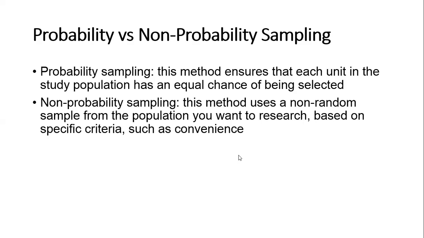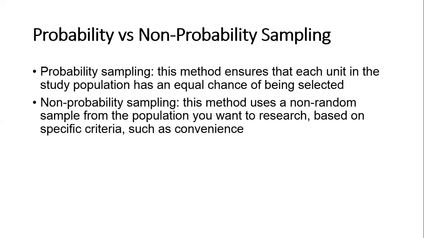All right, so probability versus non-probability sampling. Now, sampling can broadly be categorized as probability and non-probability sampling. Probability sampling, this method ensures that each unit in the study population has an equal chance of being selected.